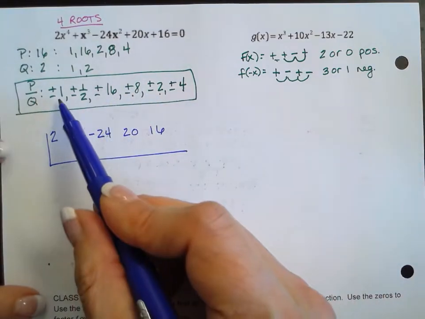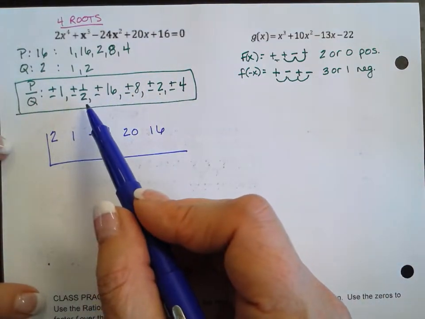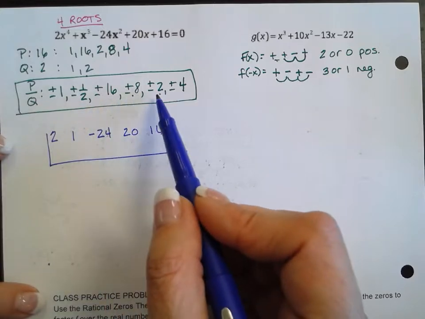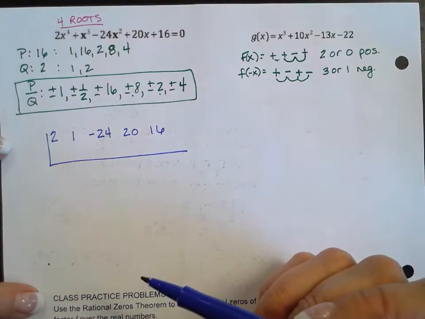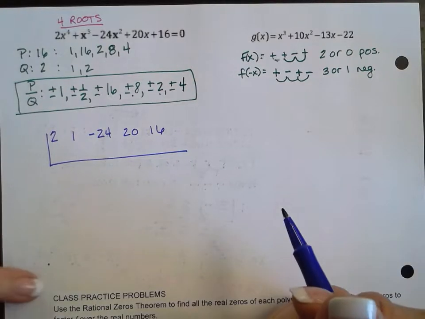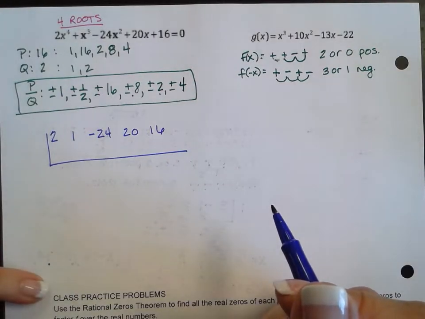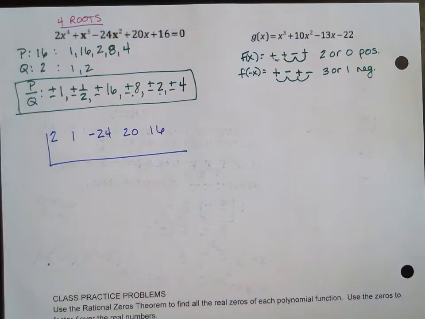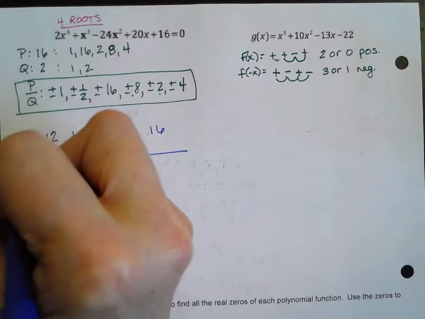What are our choices? 1, 1/2, 2, 4. It's usually better to start with a smaller number, so somebody pick a number. All right, there we go.